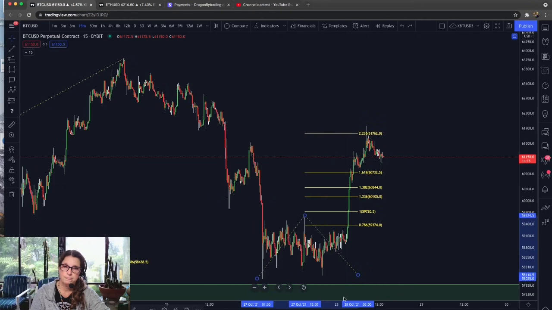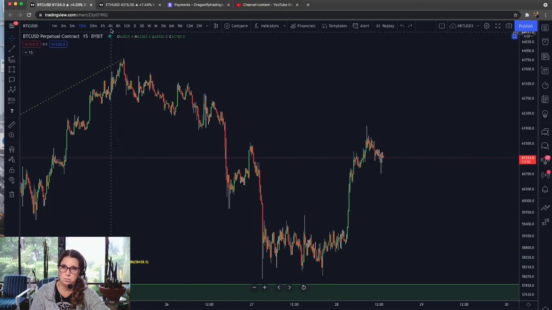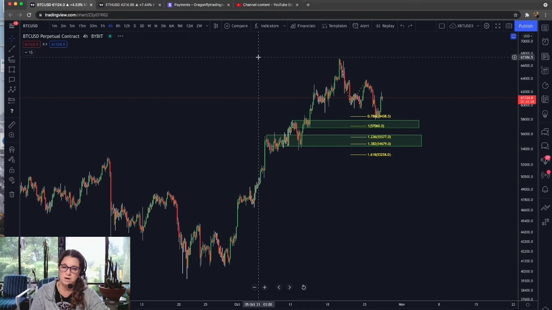Now, I really don't want to see it give us another hit to the high. If it gives us another hit to the high, I'm going to be more leaning that somehow this is the ugliest truncated fifth in the world. And we've started something new here. So if we've started something new, because 5 waves is always the start of something or the end of something.